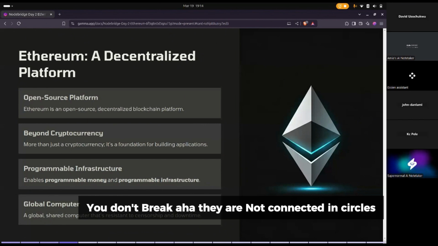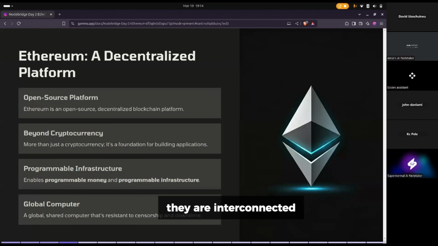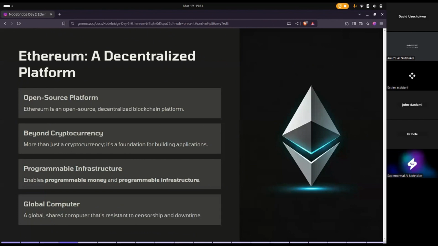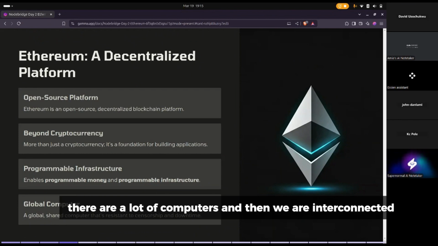They are not connected in circles; they are interconnected. Everyone is connected to everyone, so when one goes down, you would not even notice that someone just left the network, because there are a lot of computers and we are interconnected.